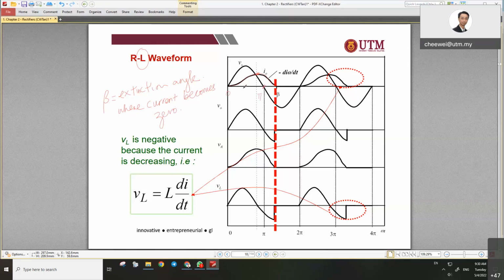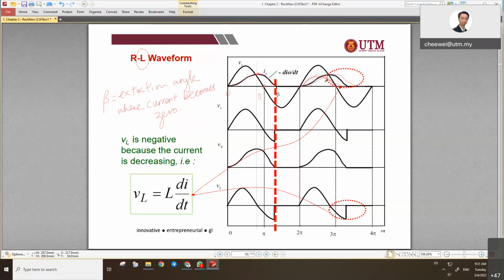Why does the current become like this? It's because of the impact of the inductor. If the inductor is bigger, you expect the line to go up and delay further. But if the inductor is very small, the line goes up and very quickly goes down. Until it is very, very small and negligible, then the waveform goes back to R, same phase.